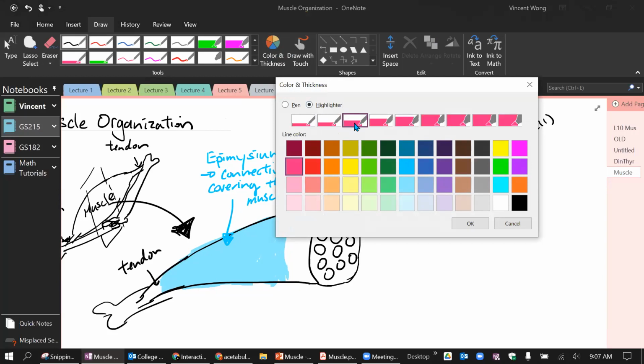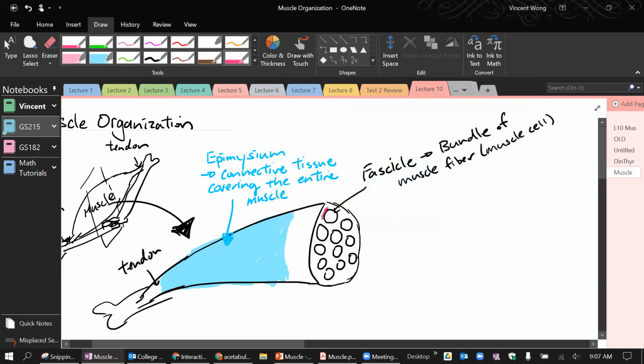Now, the fascicles themselves are actually surrounded by another layer of connective tissue. Each fascicle has its own layer of connective tissue wrapping around it, which is why I didn't color this all the way. If I were to peel back a little bit of the epimysium, immediately below it you're going to see the connective tissue surrounding the fascicle.